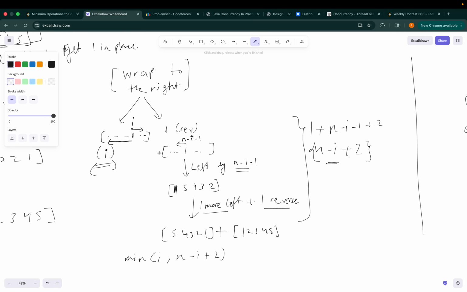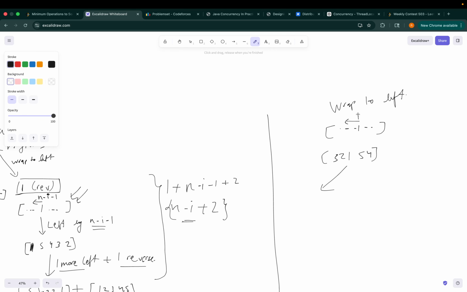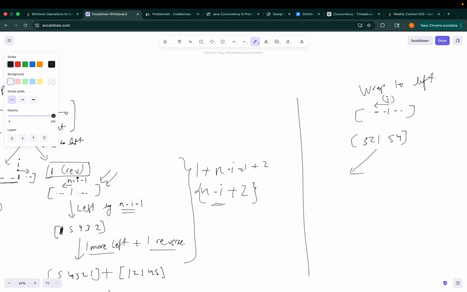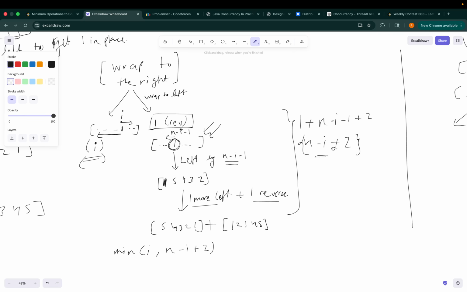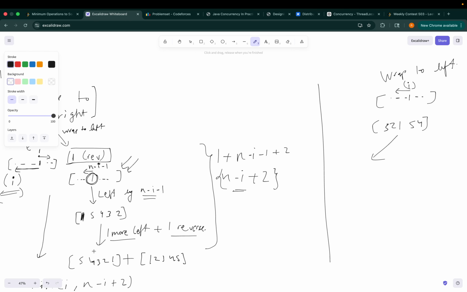If it's wrapping to the right, we did a wrap to left by reversing it, right? So you spend one operation reversing it. So we are standing at this position with our index I over here, right? So we know that if we are standing at I here, then we just need to follow these sequence of steps.